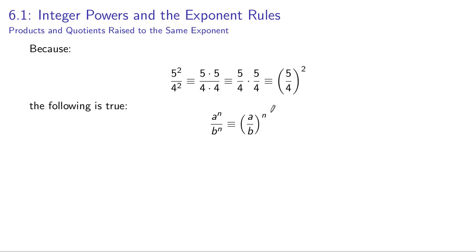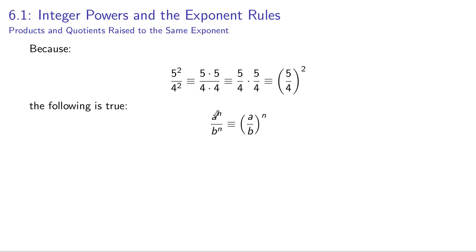Now, what about division? If we have the same exponent but we're dividing the exponential expressions instead of multiplying, the same logic holds. We can write 5 squared over 4 squared. We can split the fraction so that we're doing the division first, because we can reorder division and multiplication without changing the expression's value. Then we can write this as 5 over 4, all squared.